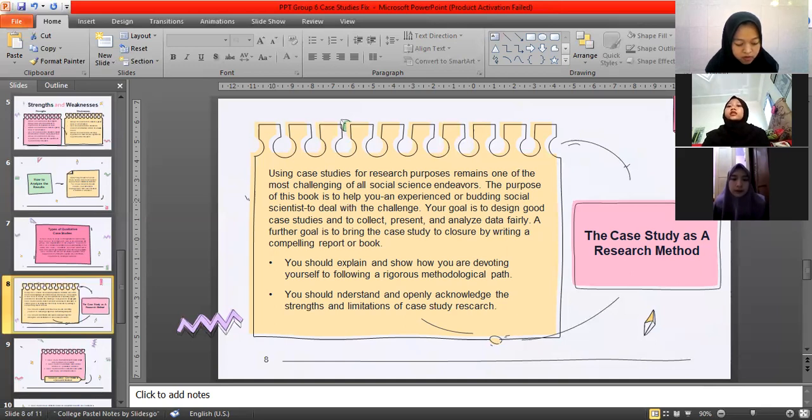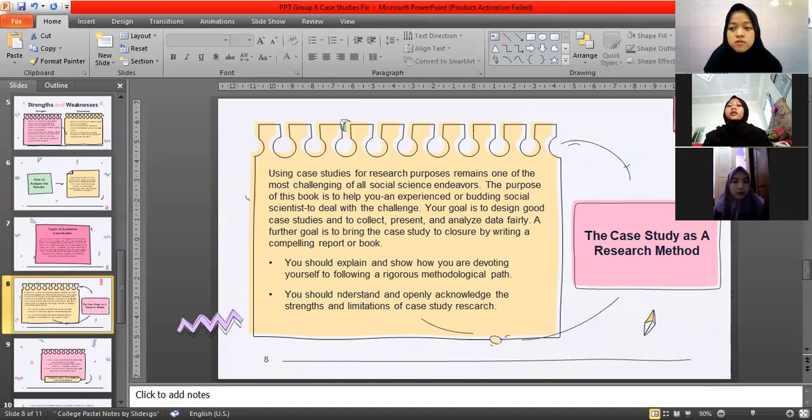As a result, you may need to have ready responses to some inevitable questions. The first and foremost, you should explain and show how you are devoting yourself to following a rigorous methodological path. The path begins with a thorough literature review and a careful and thoughtful posing of a research question or objective.